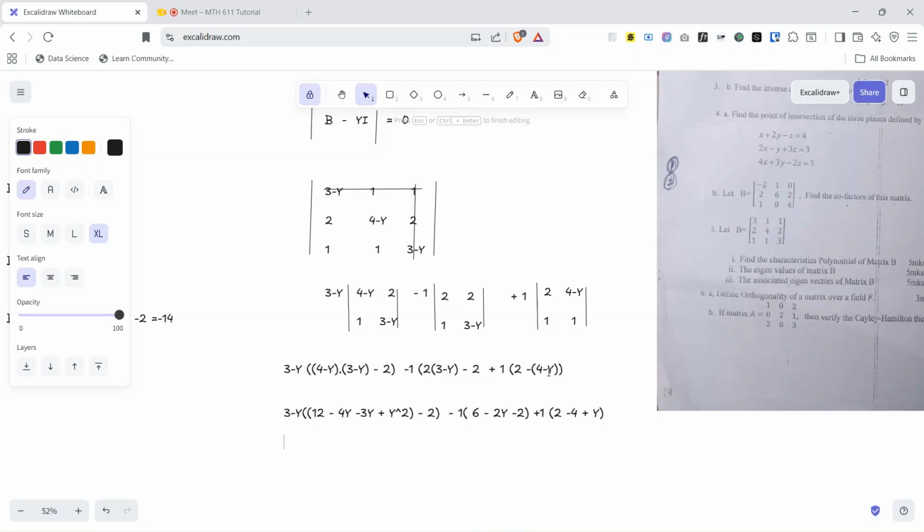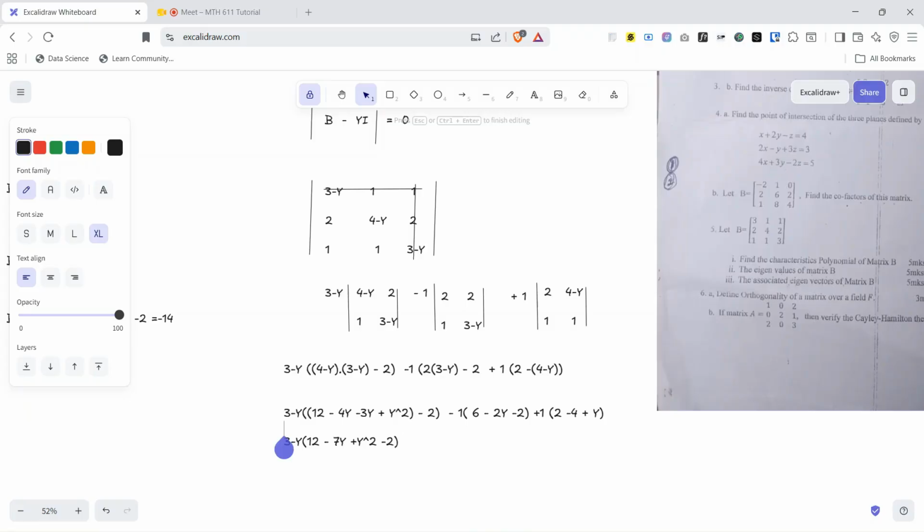So we solved all of this. This is still 3 minus lambda into 12 minus 7 lambda plus lambda squared minus 2.